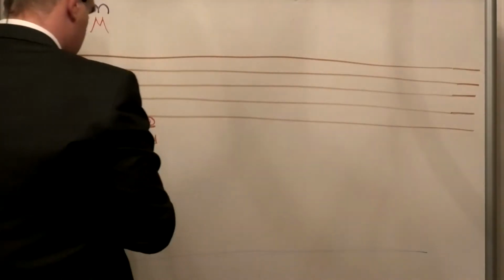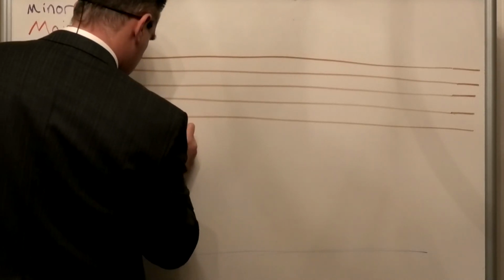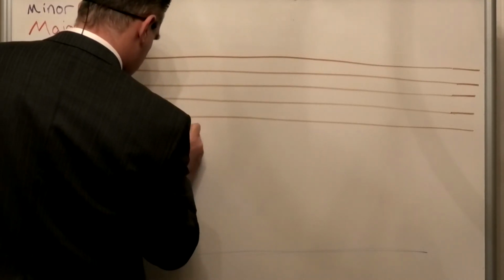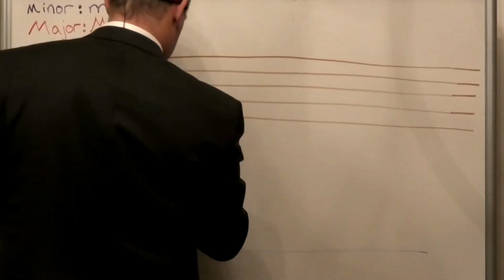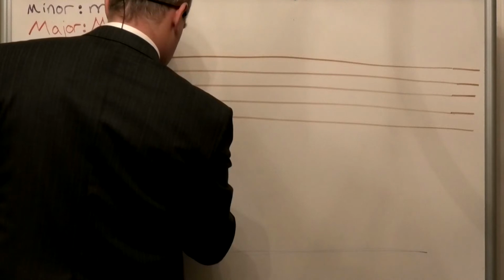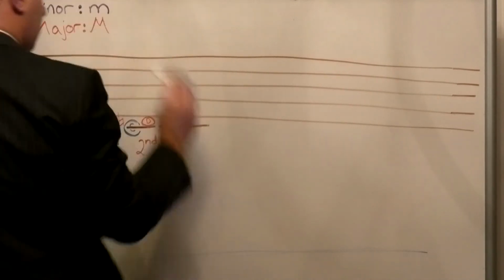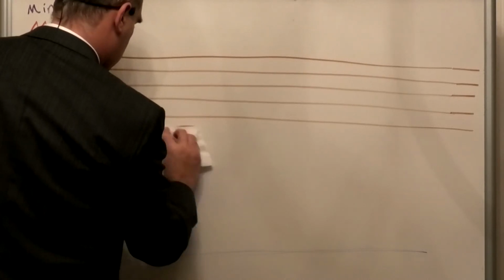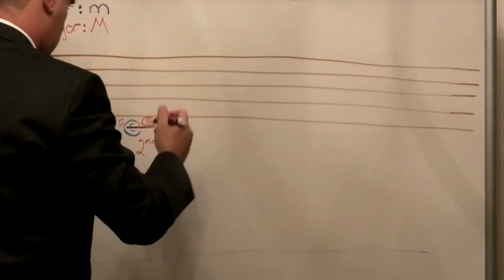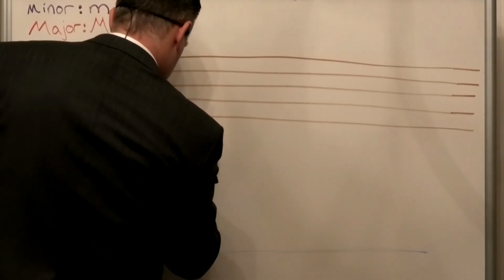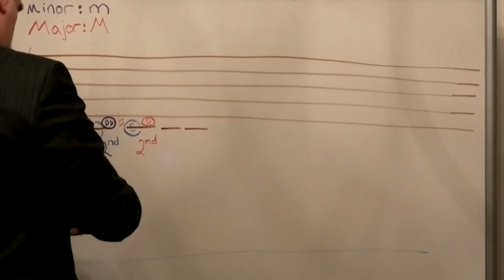Next, we're beginning to learn how to speak the musical language. It gets complex quickly. It seems easy when we put it on the board like this, but it does get complex.